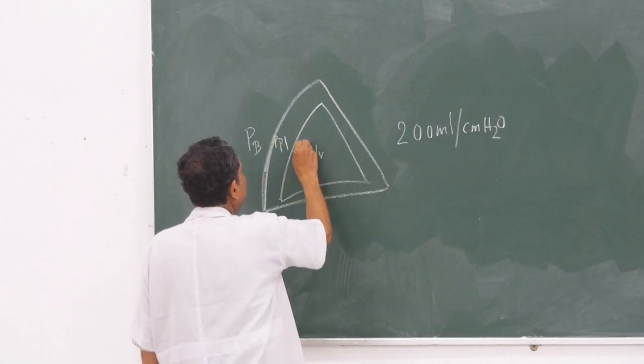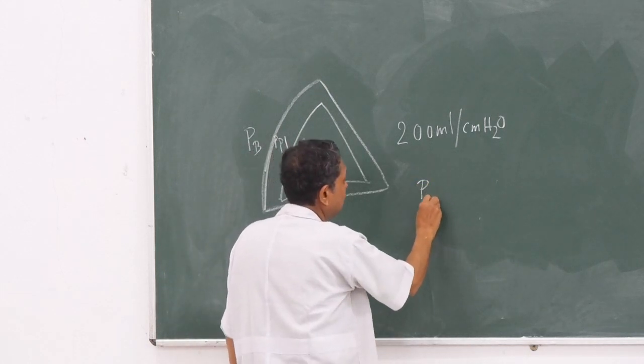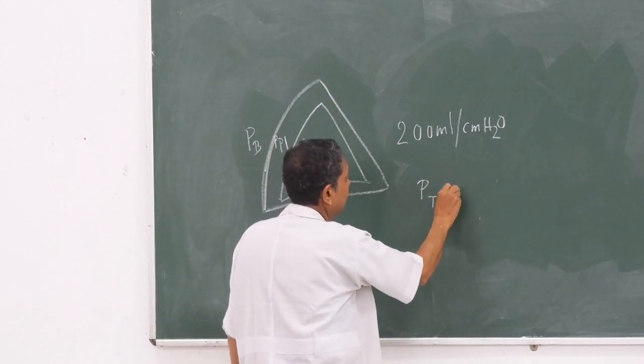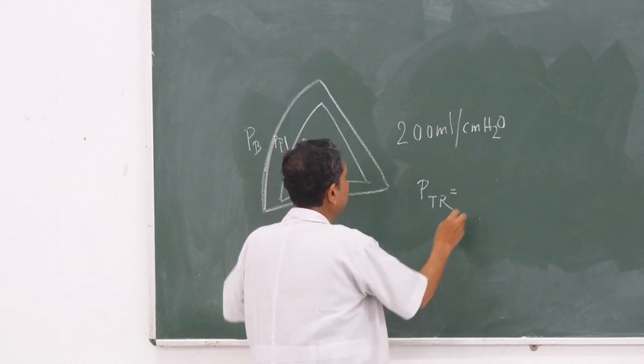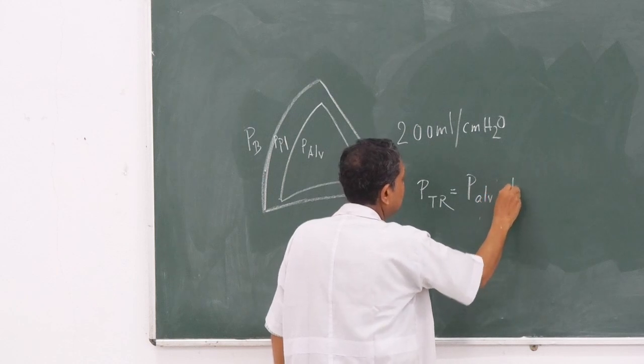PPL and P alveolar. Of the total respiratory system, the transmural pressure is equal to P alveolar minus PB.